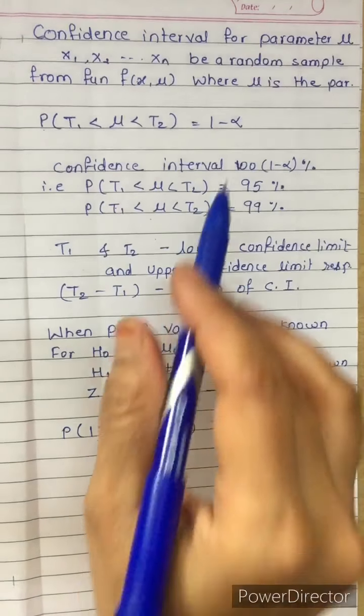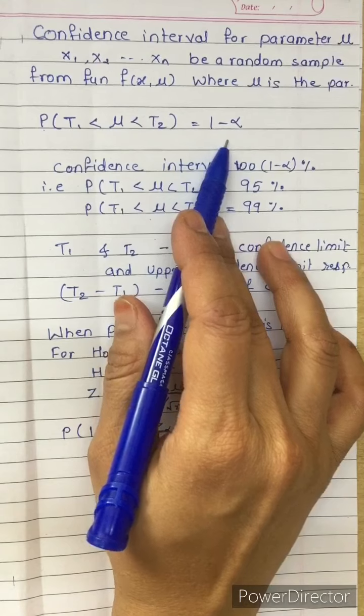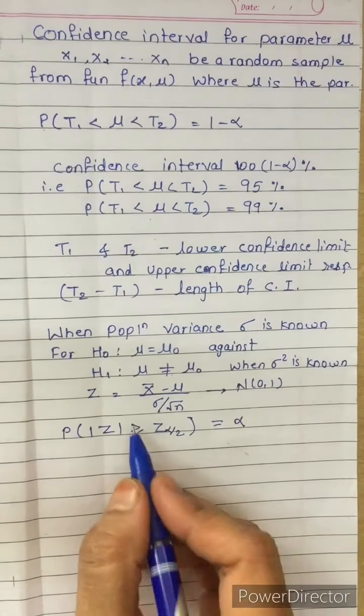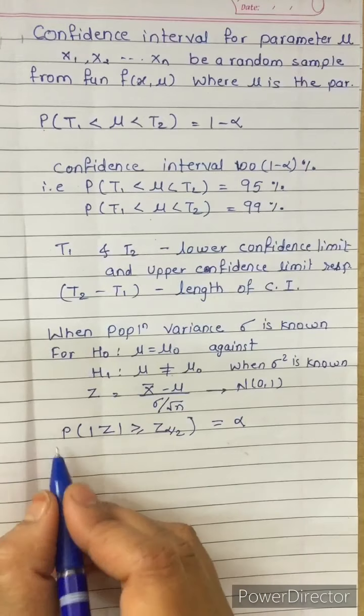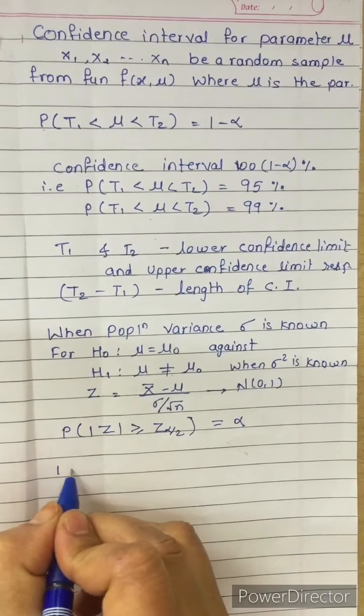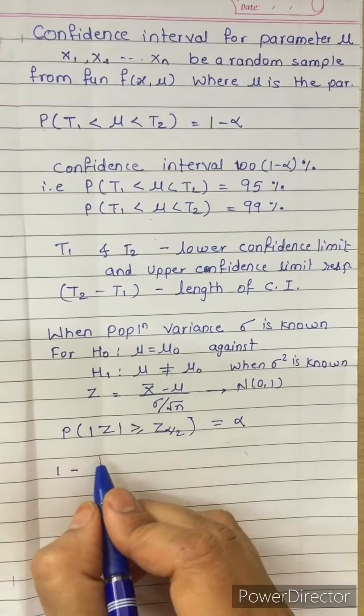But we need confidence interval, so we need 1 minus alpha. When we make alpha into 1 minus alpha, this greater than sign will become less than sign. We subtract the term from 1, okay.